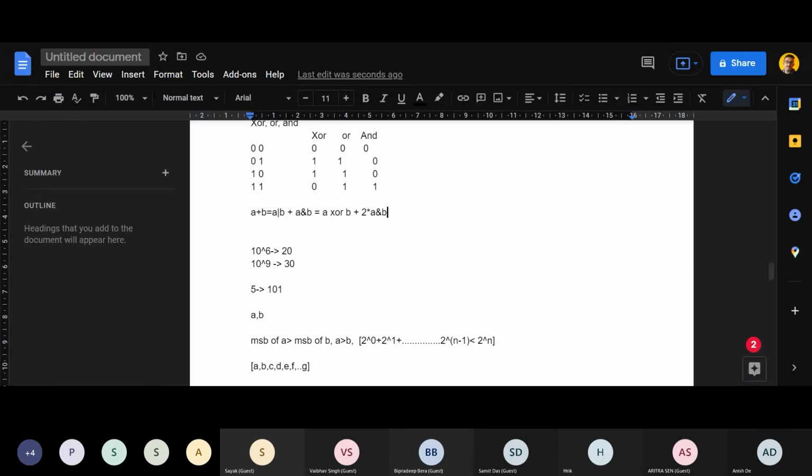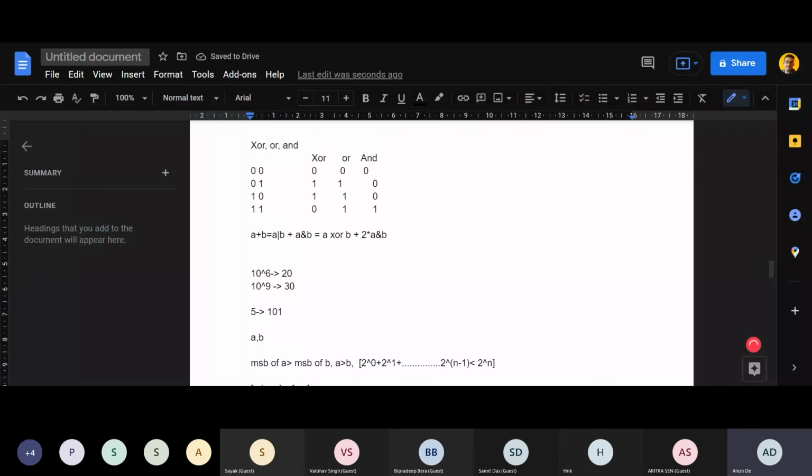So these are the few properties that will be used. I think these few concepts are enough for bit masking for the time being.